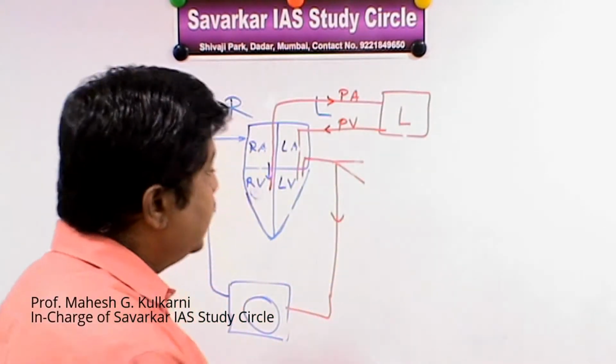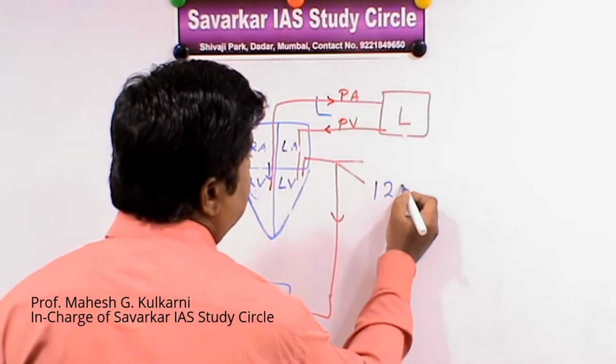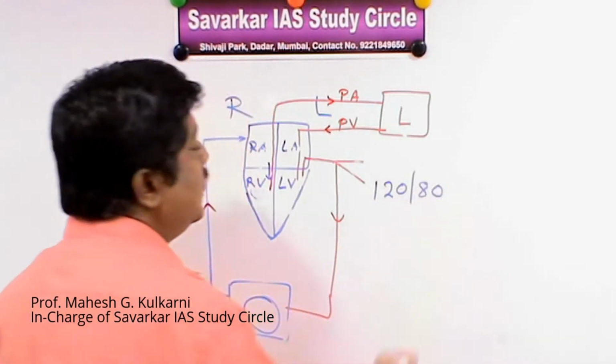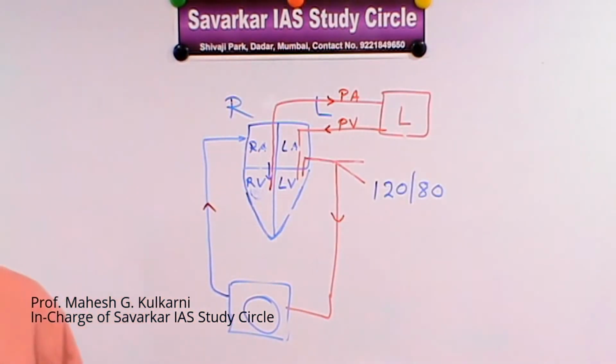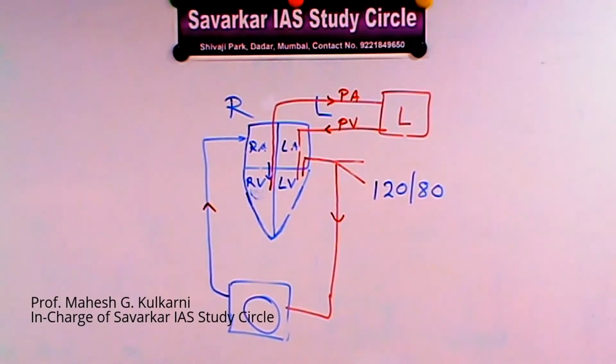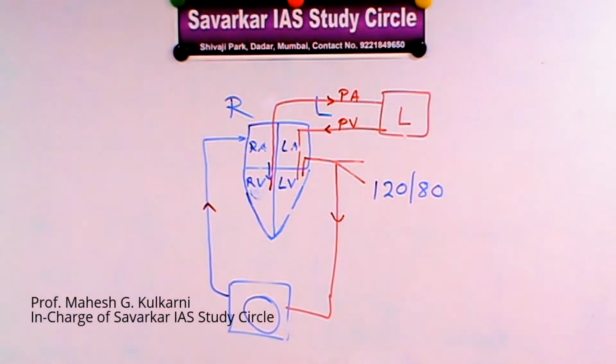Normal blood pressure we measure when the heart is contracting and when the heart is relaxing. So that is called systole and diastole. So systolic blood pressure and diastolic blood pressure, it is reported that normal blood pressure should be in this range, that is 120/80. This is the normal range of blood pressure.